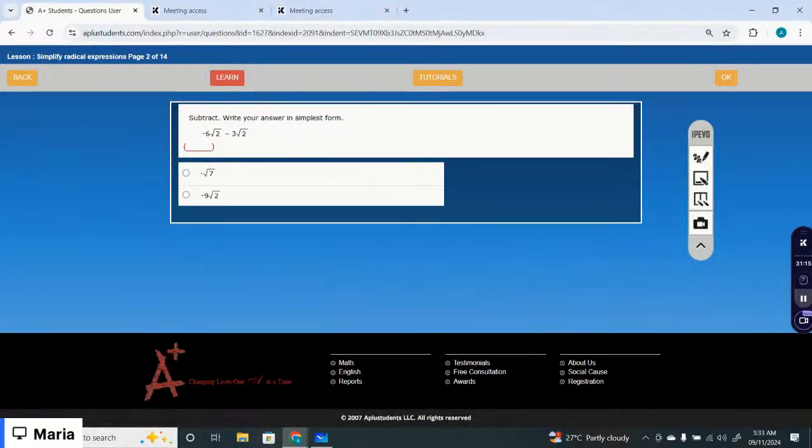So which is the correct option? That is negative 9 square root 2. Option number 2 is the correct option.